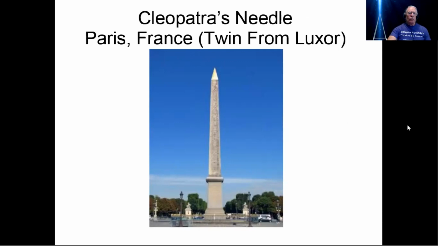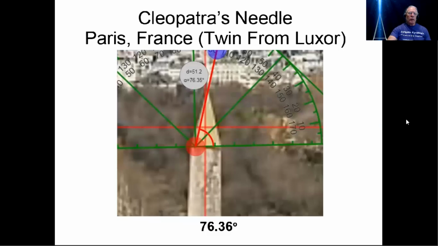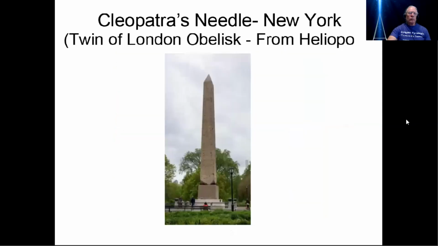We're going to talk about two other obelisks that are called Cleopatra's Needle as well in a few moments. But this is the twin of the obelisk that we just saw in Luxor, and as well, we were able to get a much more straight-on view of that, and we've got the geometry at 76.35 degrees.